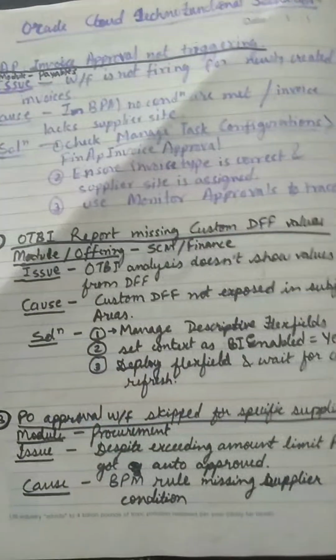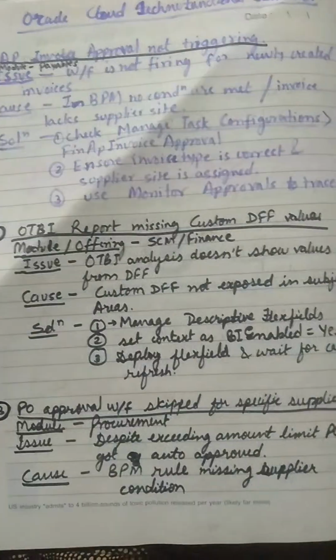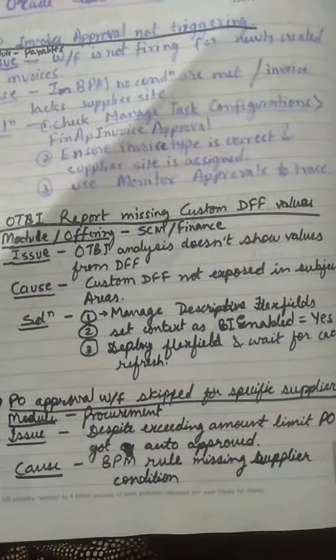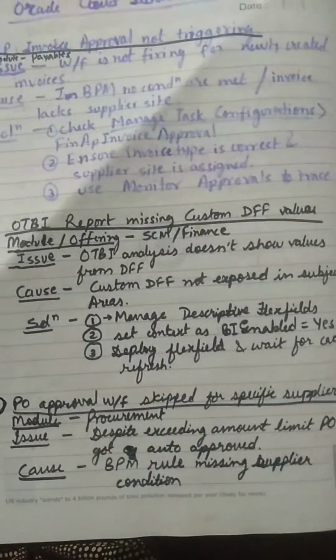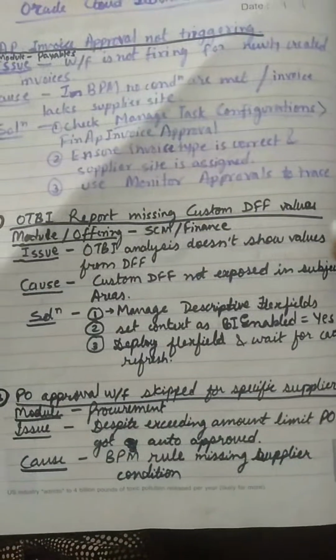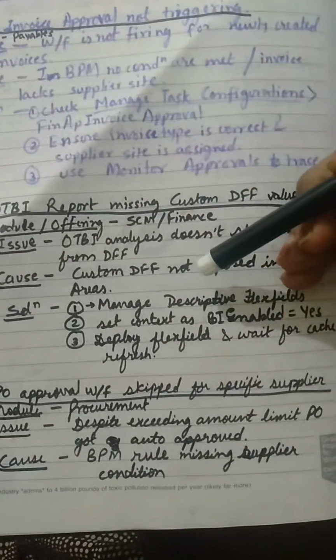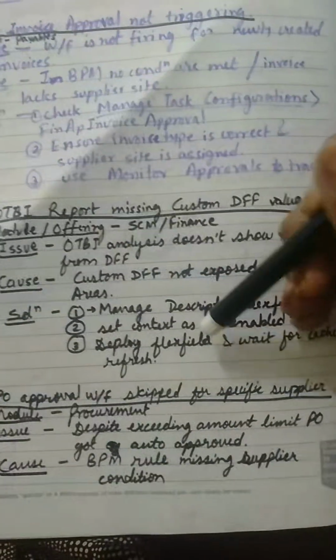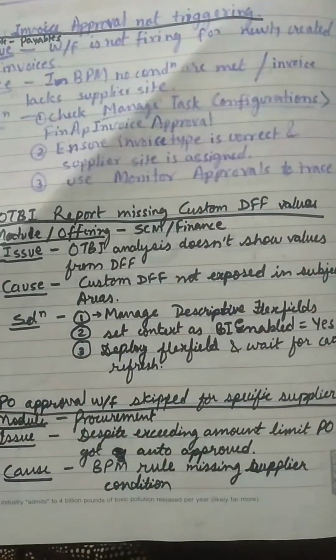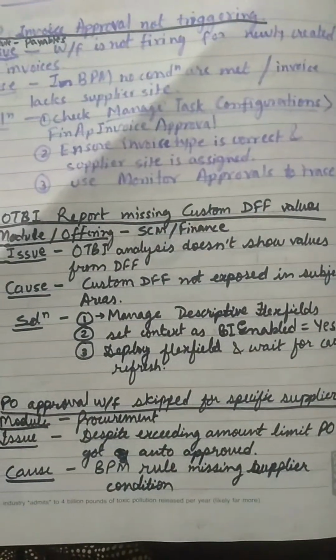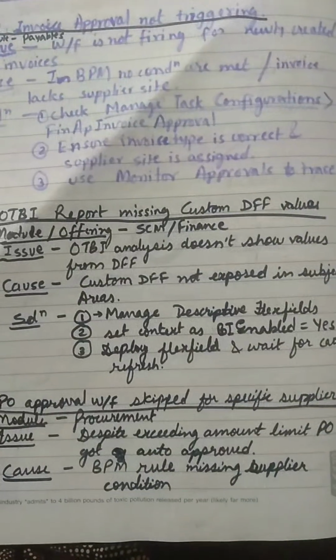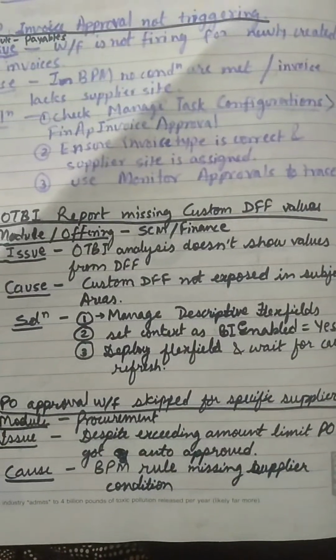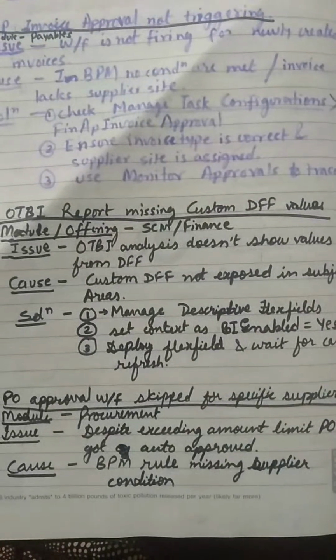Usually for a particular supplier, or if we decide on an amount, let's say $10,000 or $5,000, we have to write a condition, a BPM rule. It could be based on a specific supplier type, a particular supplier, or on the amount as well.